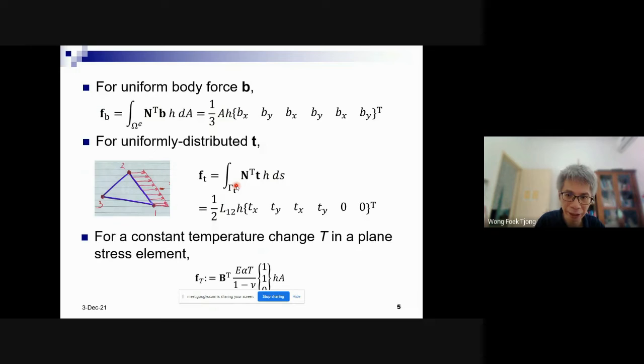If there is temperature change, for example in a plane stress problem, the equivalent nodal force is given by B transpose E alpha T, where E is the modulus of elasticity, alpha is the coefficient of thermal expansion, and T is the temperature change, not absolute temperature, divided by 1 minus nu, times the volume of the element. For plane strain, it's a little different, with 1 minus 2 nu. Any questions so far regarding this summary?